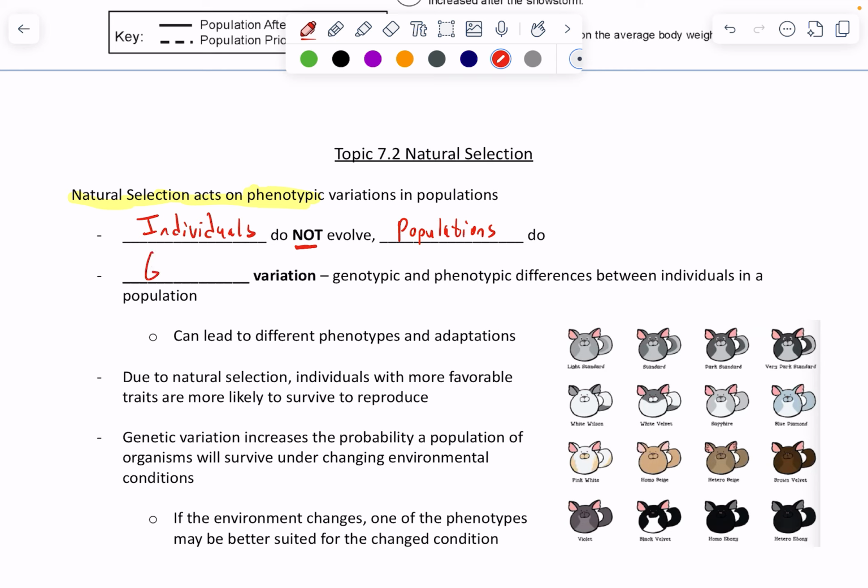So within any population, we have this genetic variation, right? All individuals in a sexually reproducing population would have different or unique DNA between each other. Sometimes that can randomly lead to different phenotypes and advantageous traits, which we call adaptations.